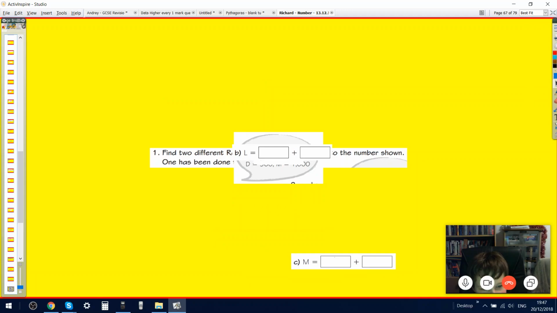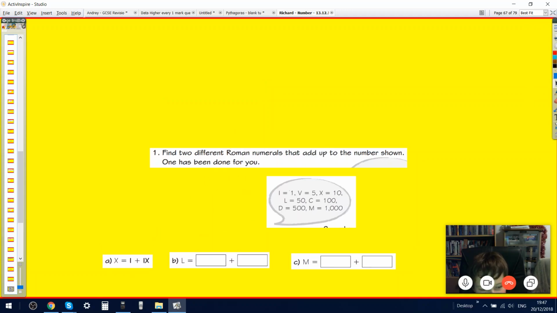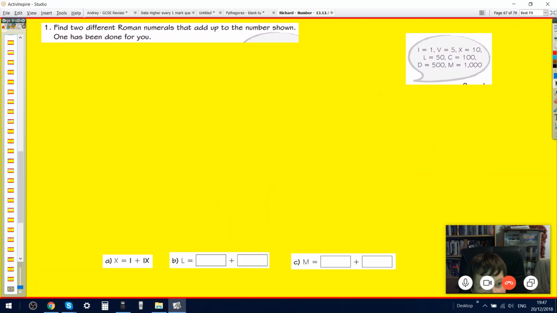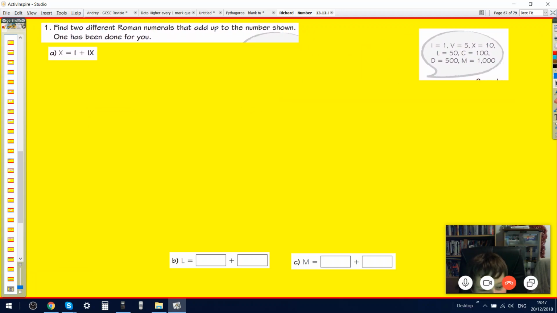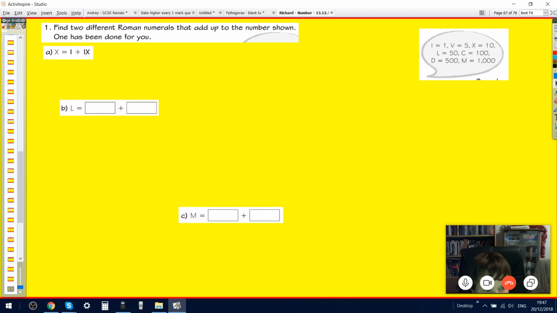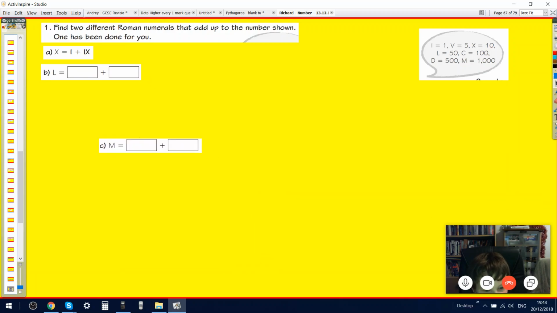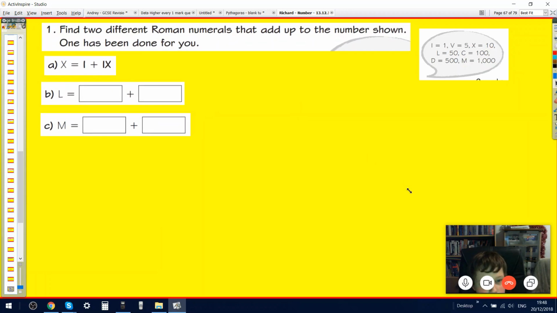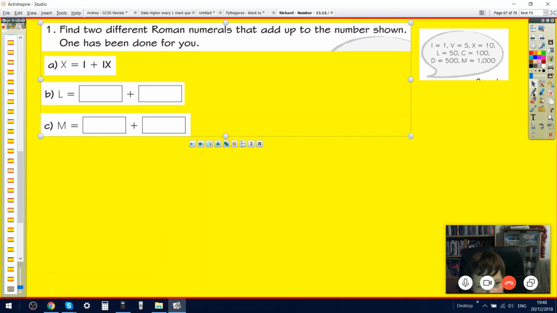Okay, what is this? Oh wow. Yeah, this is the Roman numerals. Okay. Done for you. So let's try. Let's just do C. I think you'll be okay for that. So it says find 2 different Roman numerals that add up to the number shown.